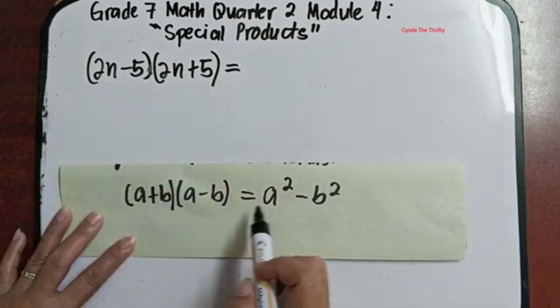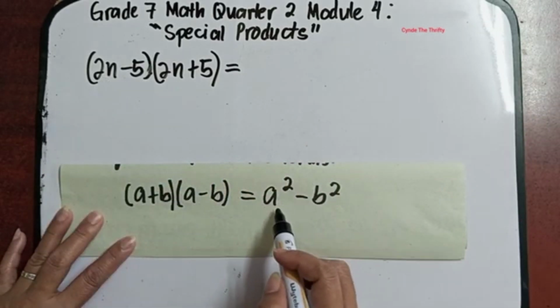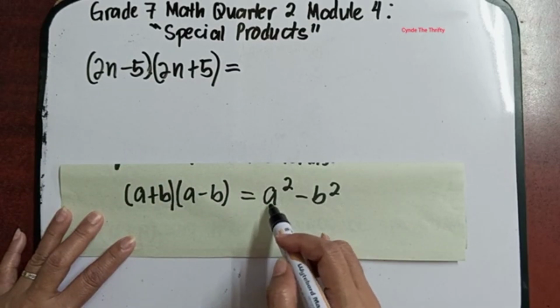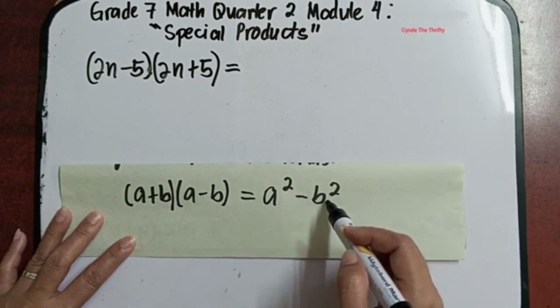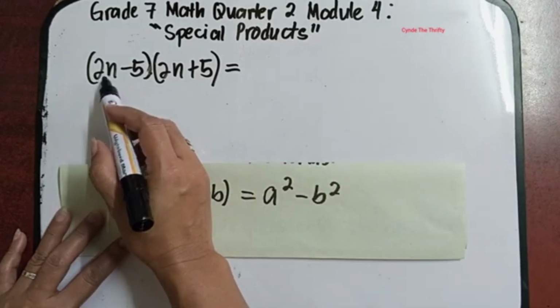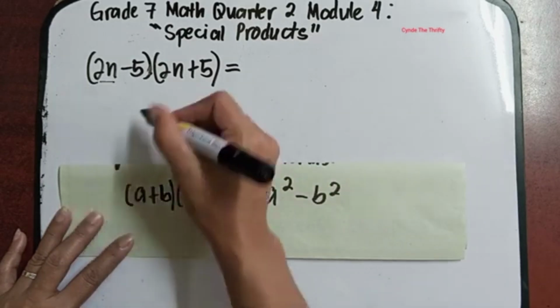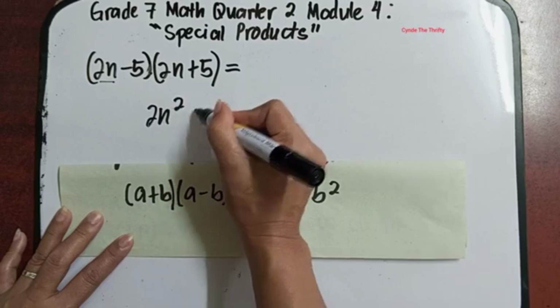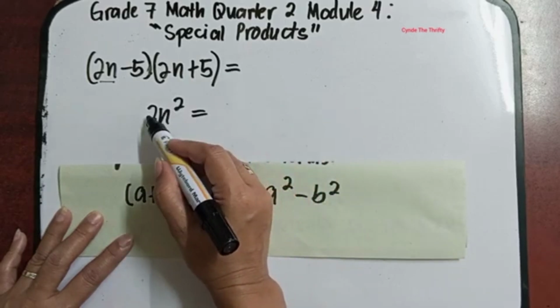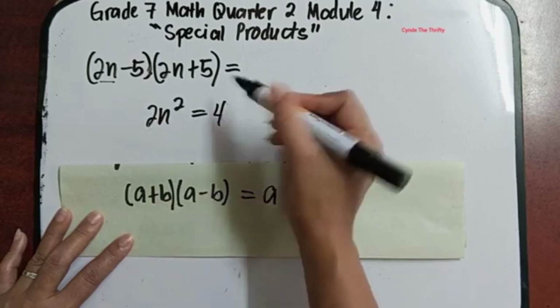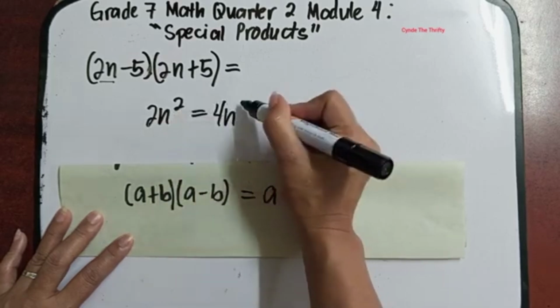So, paano natin siya isolve? So, ang gagawin natin is, dahil ang sagot natin is square natin yung first term subtracted by the square of the second term. So, ang first term natin is 2n. So, kapag square natin si 2n, 2n squared is equal to 2 times 2 kasi 2 squared is 2 times 2. So, 4. And then, n squared is equal to n squared.